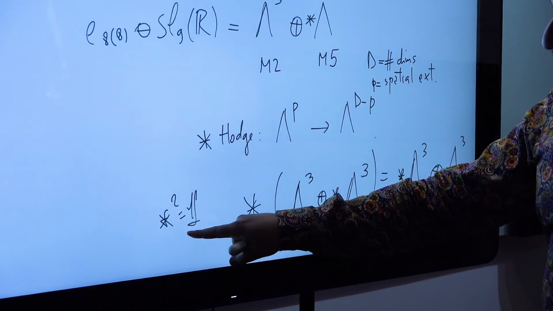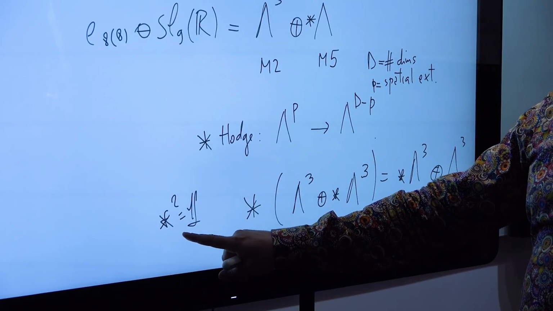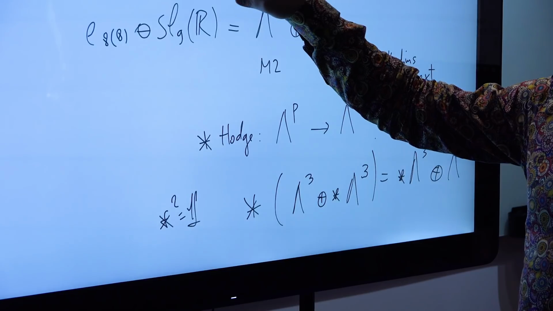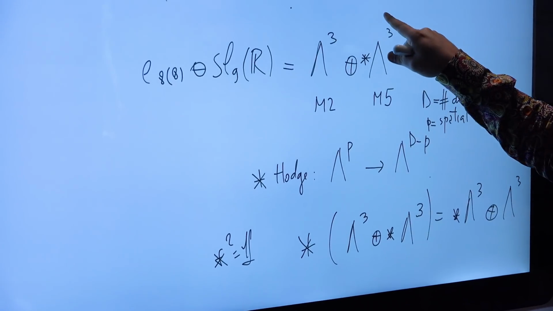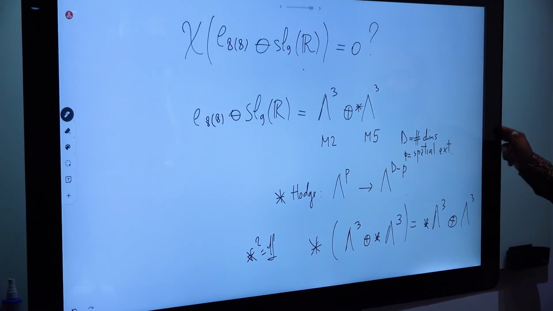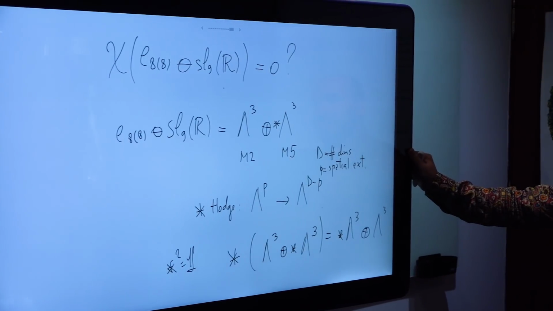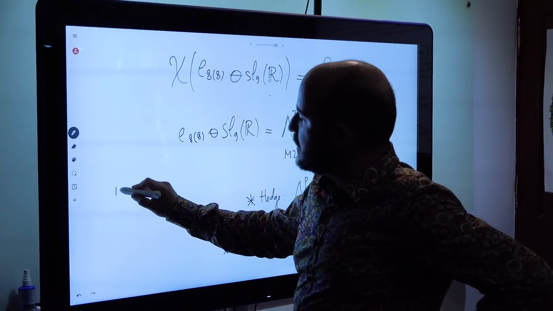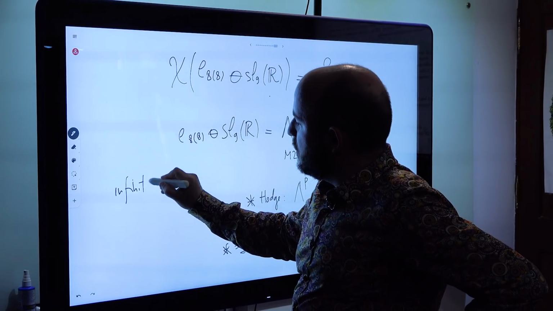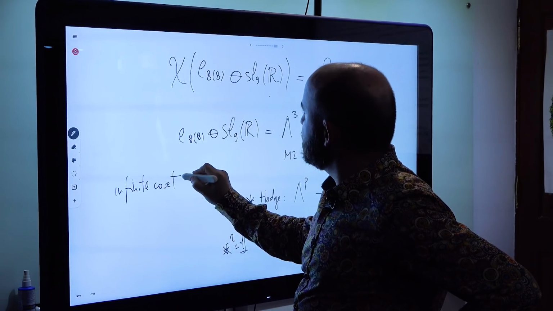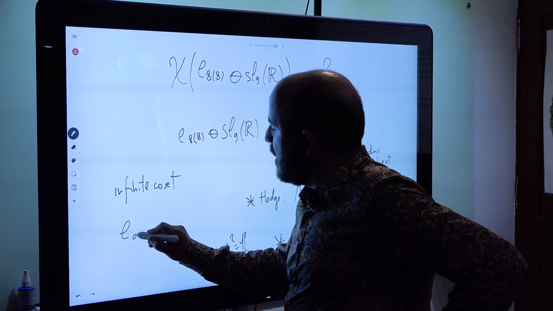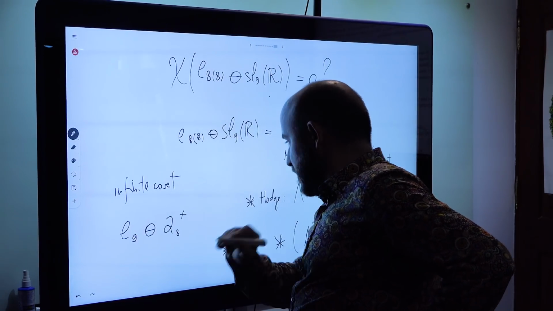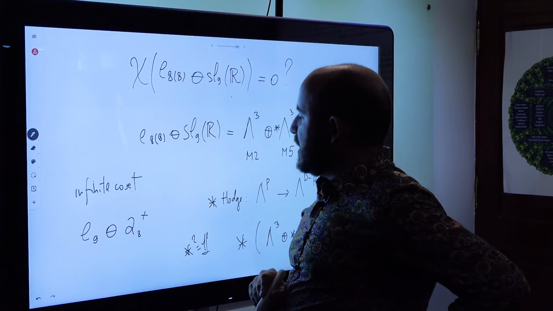So the consequence of the involutive nature of the Hodge duality on the cohomology of the coset is such that chi is equal to 0. And in principle, this is relevant also for the infinite coset. One might write down the infinite coset E9 over A8 plus. Let me be precise.